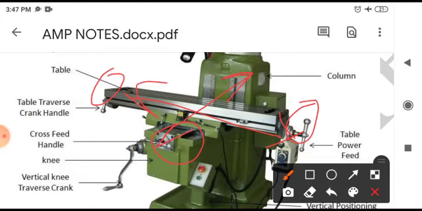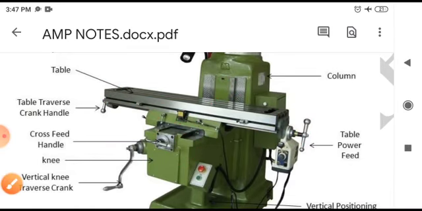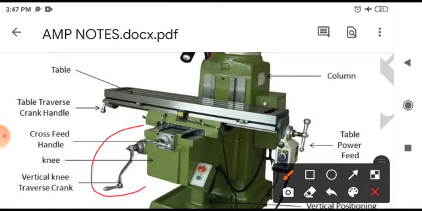Now this screw jack is in this assembly. Here you can see at the bottom the base of the screw jack is given. On rotating this crank, you will get the knee moving up and down.